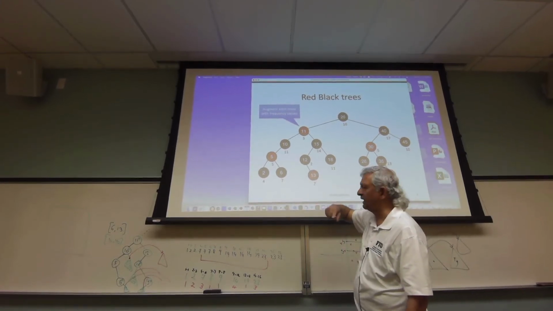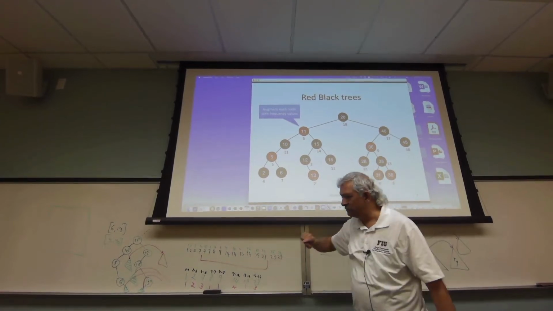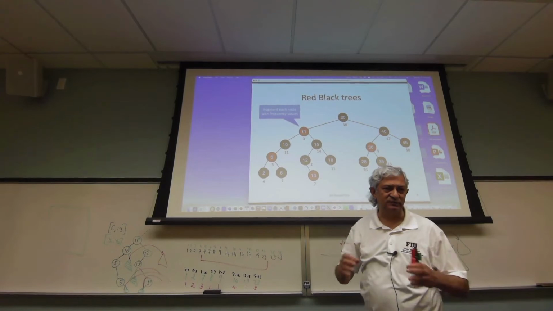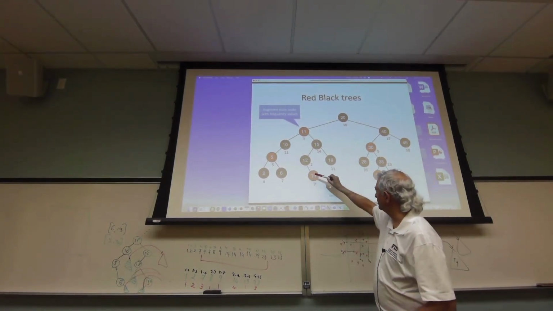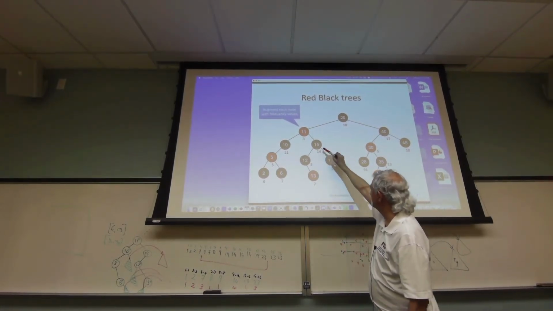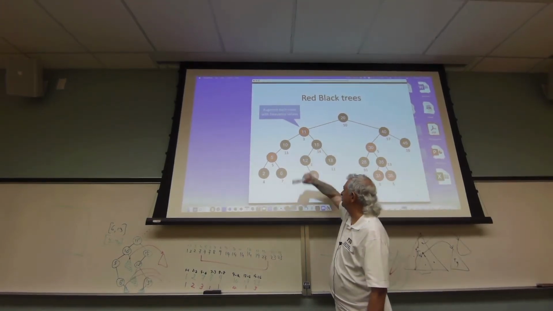And as Ricky was suggesting, at each node, you have both its frequency and the highest frequency in its subtree. So for instance, the highest frequency here would be 7, highest frequency here would be 7, here it would be 11, here it would be 14. And here it would be 14.